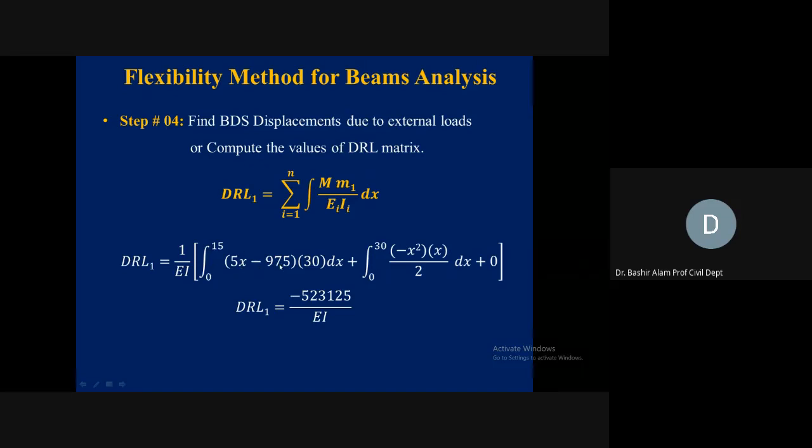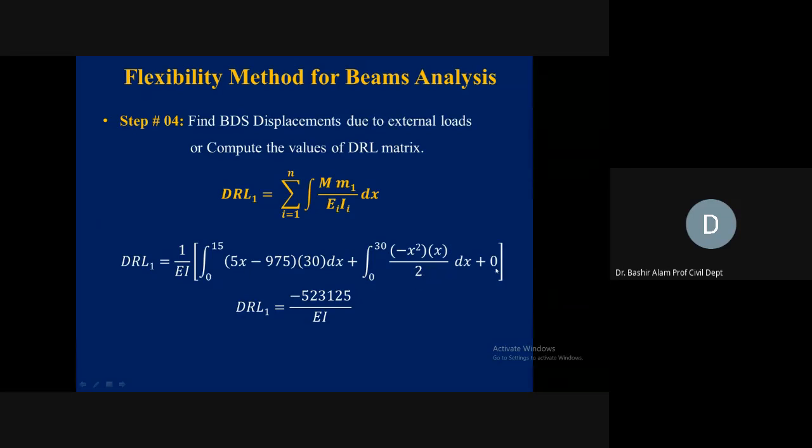5x minus 75. If you remember, we wrote this minus 75 plus 5x. So this is the same for capital M for member AB, times M1 was 30 dx, plus member BC was 0 to 30, the limit, minus x square, it was the value of capital M, x was M1, and this was divided by EI, so I was 2I, so that is coming from 2I, this 2 here.